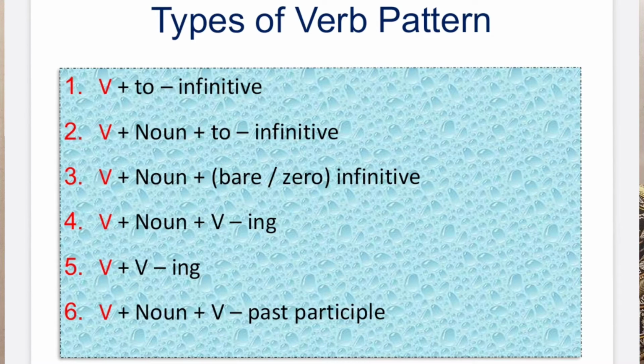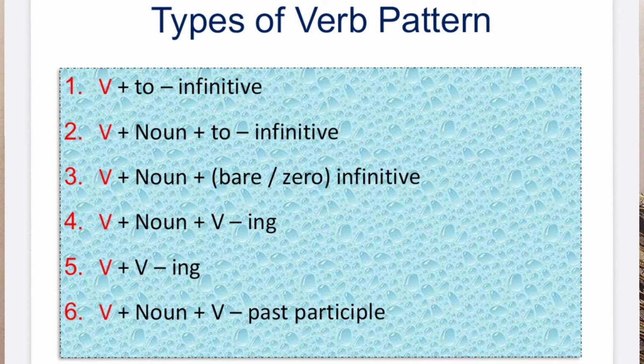The first structure shows the finite verb takes to-infinitive immediately. Second structure shows the verb takes to-infinitive after a noun. Third takes bare or zero infinitive after the noun. The fourth one takes the ing form of the verb after a noun. Fifth one takes the ing form of the verb immediately, and sixth one takes past participle after a noun.